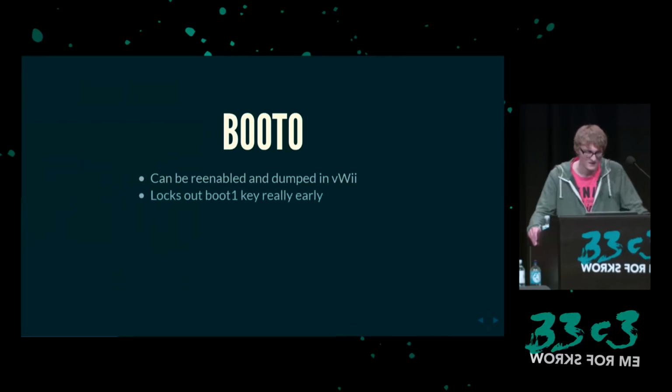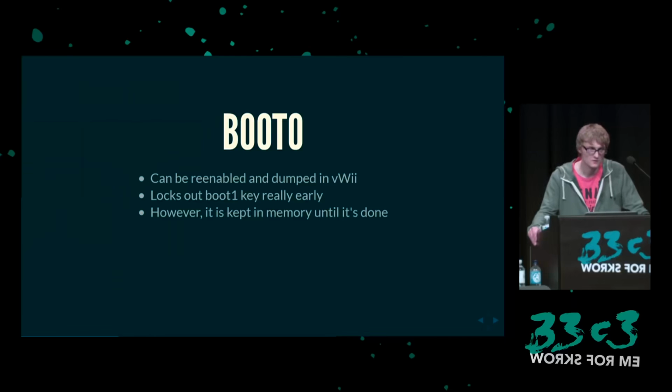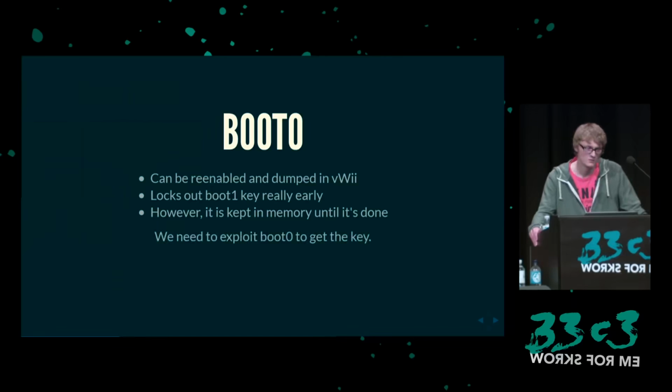We can see that it reads the boot1 key from OTP, and then it locks out the boot1 key. This happens really early. But it's basically kept in memory all the time until it has launched boot1 or just panicked. So this means that we have to exploit boot0 to get the boot1 key.